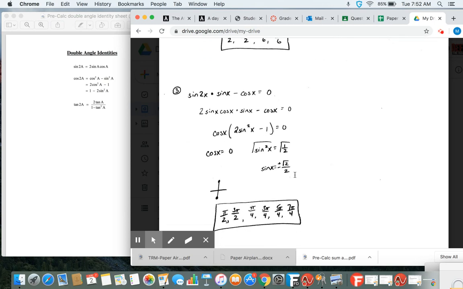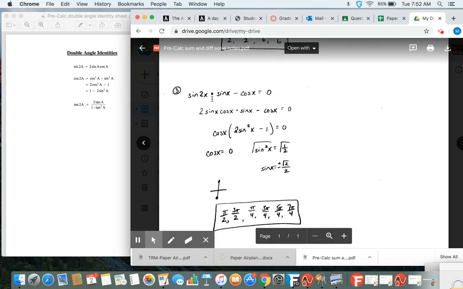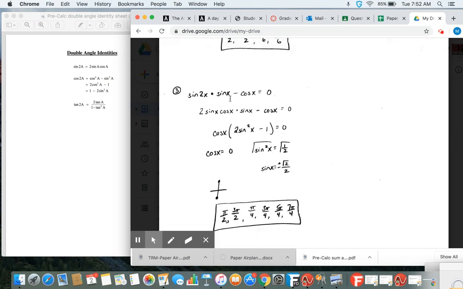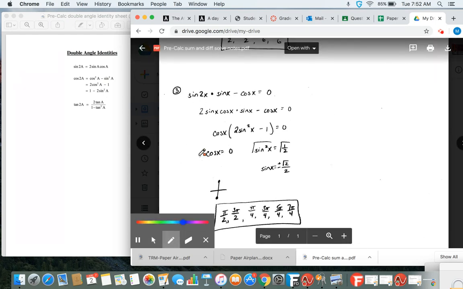All right, so number 3 reads sine 2x times sine x minus cosine x. So first, use the double angle, right? This right here is a double angle, so refer over here to the identity sheet, put that in the problem, and after this, I said to myself, well, okay, this is all being multiplied, this one term right here. So we have 2 terms.